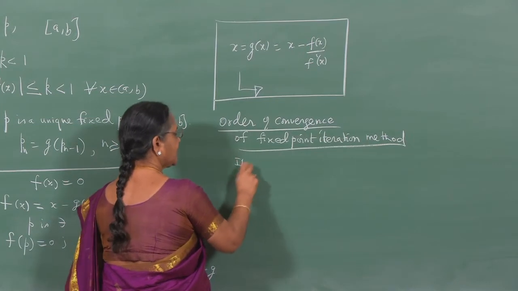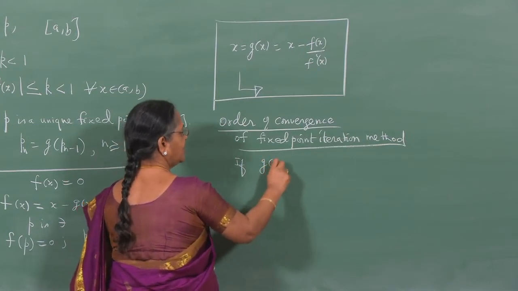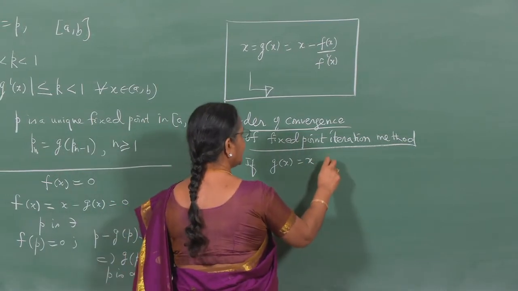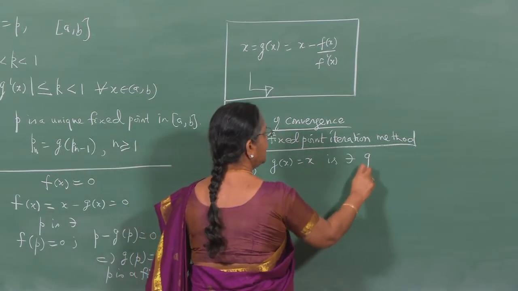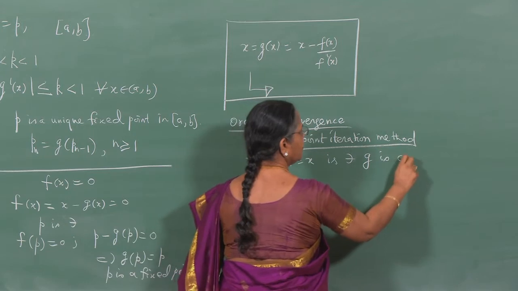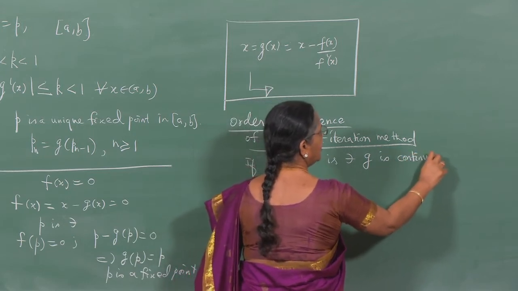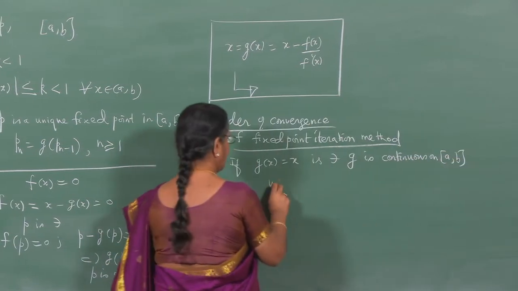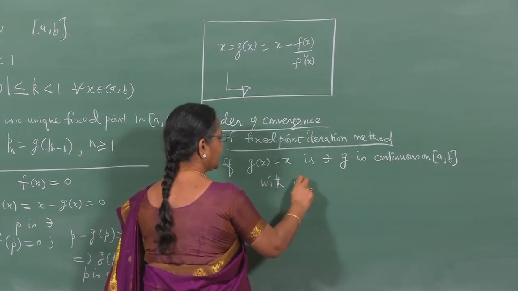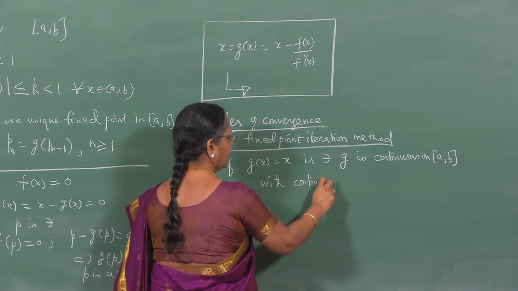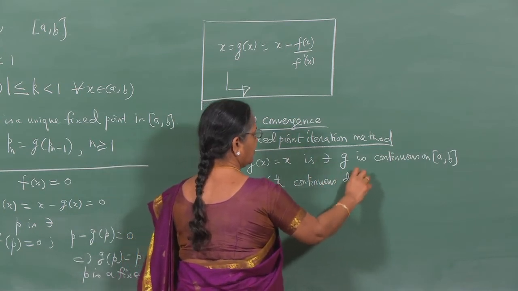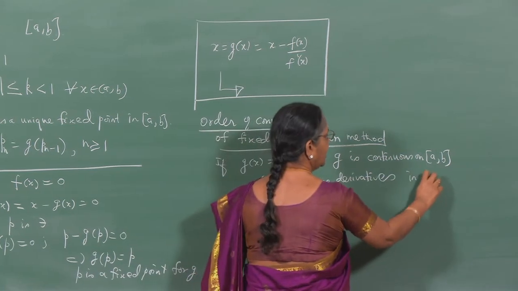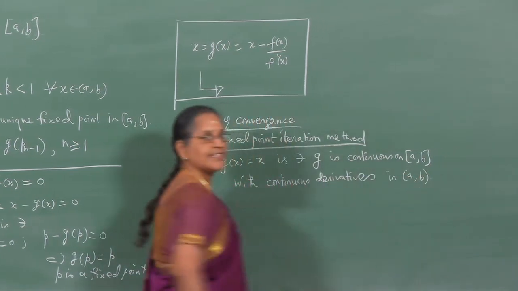If g is such that g of x is equal to x and that g is continuous on the interval a b with continuous derivatives in the interval a b, which is an open interval.